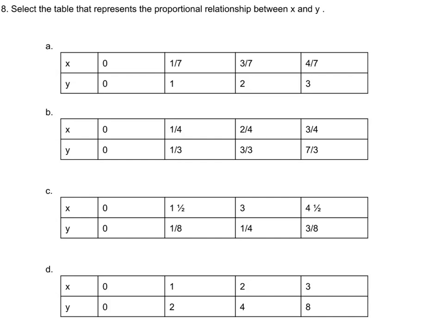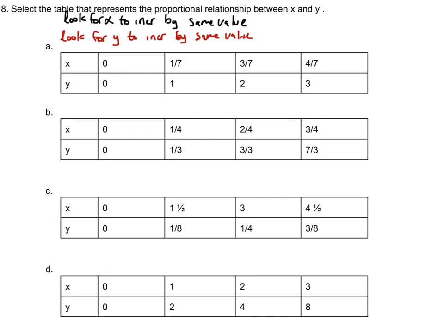Select the table that represents a proportional relationship between x and y. So for this one, look for the x to increase by the same value and the y. So I'll look at this one right here, the y, or the a. This is going up by 1, 1, 1.